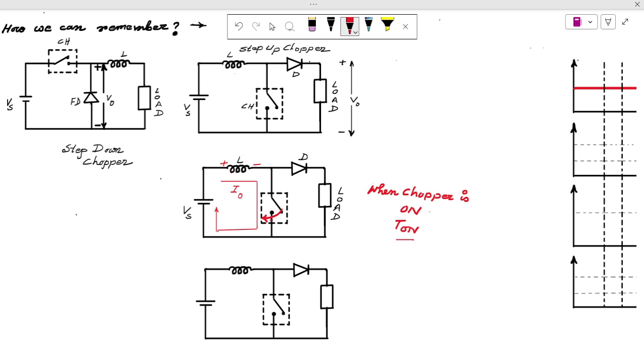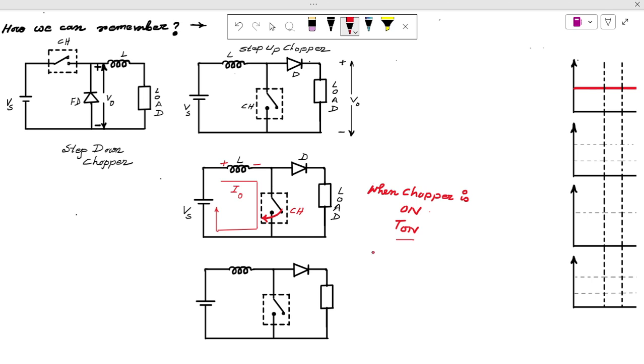As we know, there will be no voltage across the IGBT switch, the chopper CH, so there will be no voltage drop. So almost Vs voltage is applied across L also.